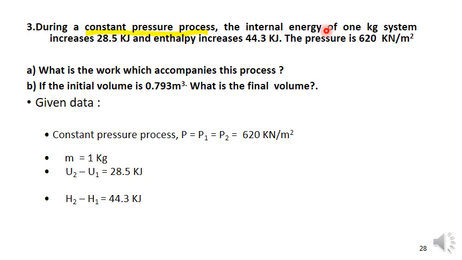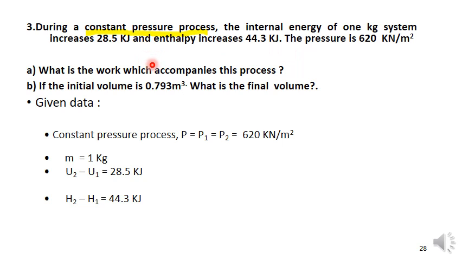Mass is 1 kg and the system's internal energy, which we represent with dU, increases, positive 28.5 kilojoules, and enthalpy, which we represent with dH, also increases, dH is equal to 44.3 kilojoules, and the constant pressure means P1 equal to P2, equal to 620 kilonewton per meter square.